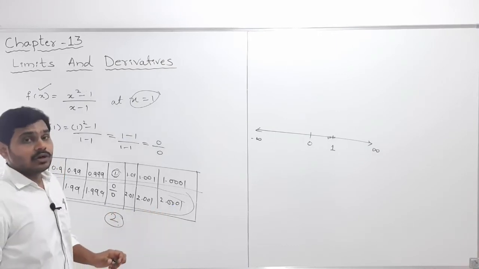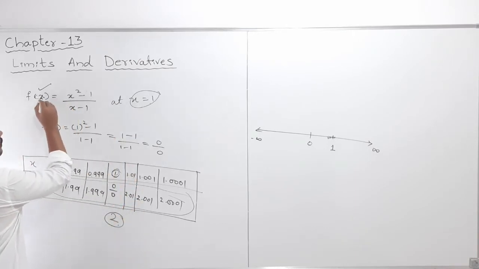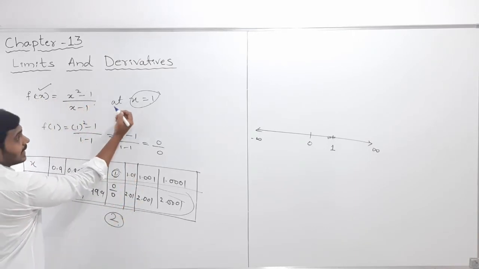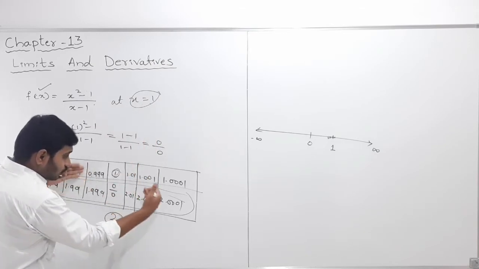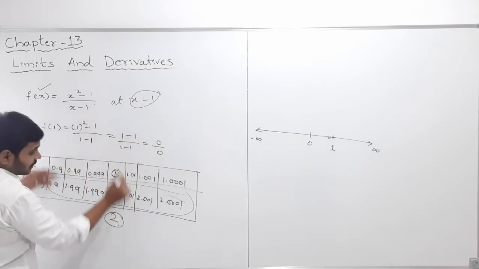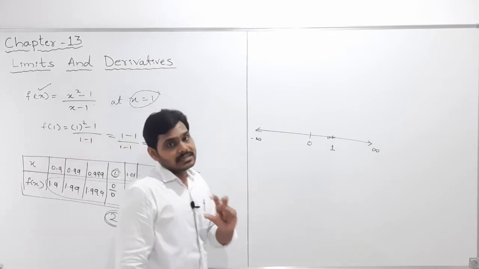So we can say that as x tends towards 1, the value of the function may be equal to 2. Like this we can say.